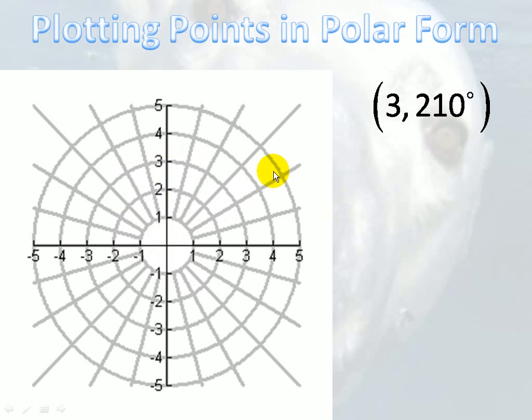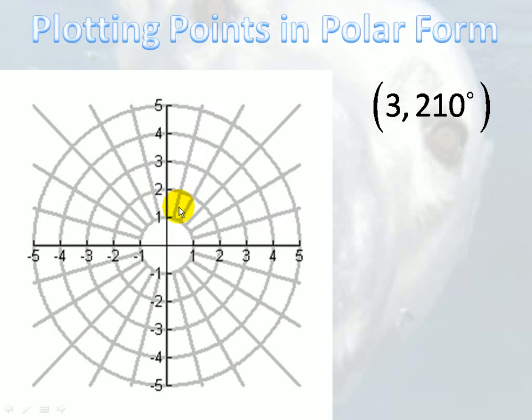And these little lines here you can think of as terminal sides of angles, and the longer ones represent terminal sides of angles that we associate with the unit circle. In particular, here we have 30 degrees, 45, 60, 90, and so forth. And the shorter ones are not associated with any of the special angles that we use from the unit circle.